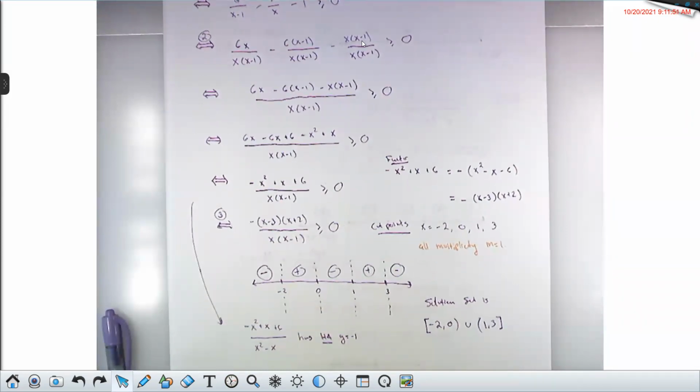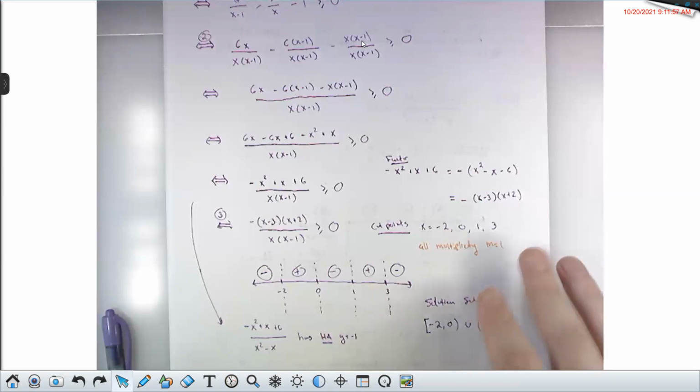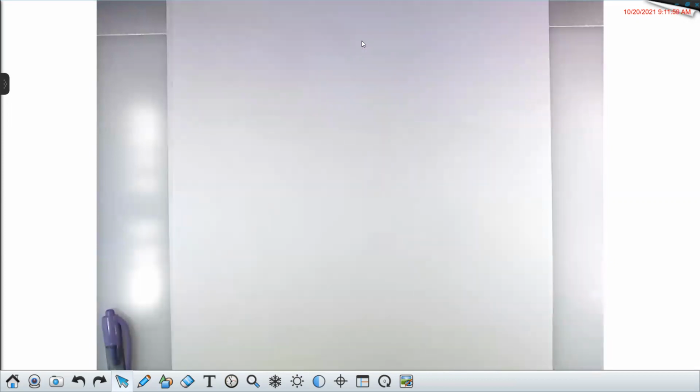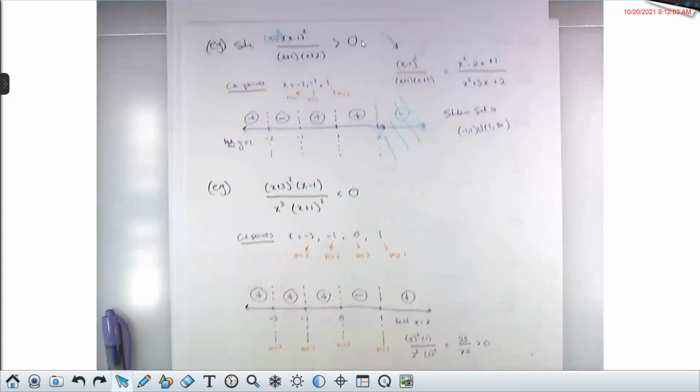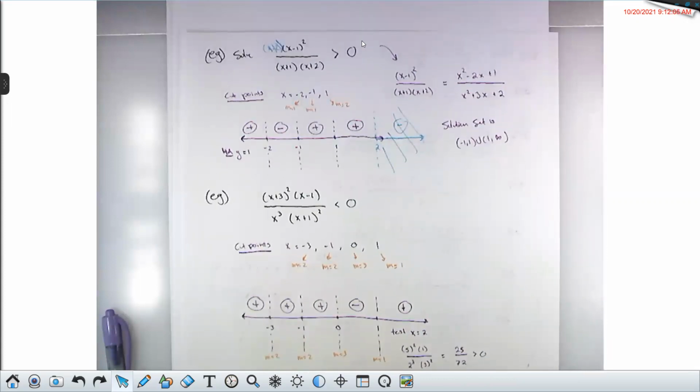Since we have a minute, can I go back to it, two problems back, the x minus 1 squared over x plus 1 times x plus 2? I'm so sorry. No, don't be sorry. Yeah, here we go. The solution set, if it's all greater than 0, why isn't the negative infinity to negative 2 included?